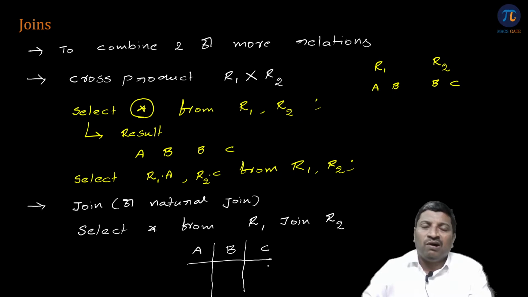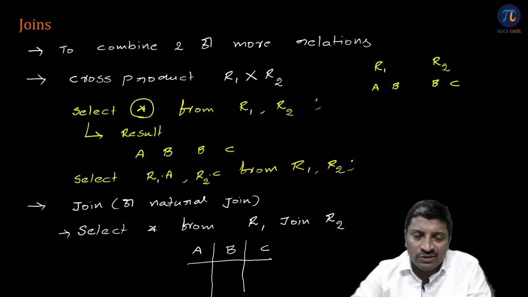We have already discussed the meaning of join in relational algebra. The same result we get when we apply this query in SQL. So this is a brief introduction about joins. Before starting this session, I am assuming that you have attended the join session in relational algebra. So let us continue.